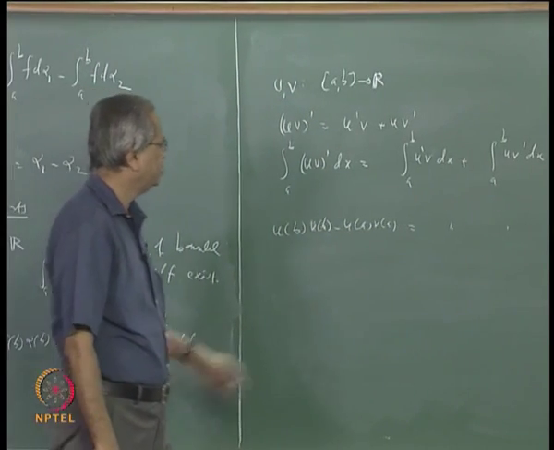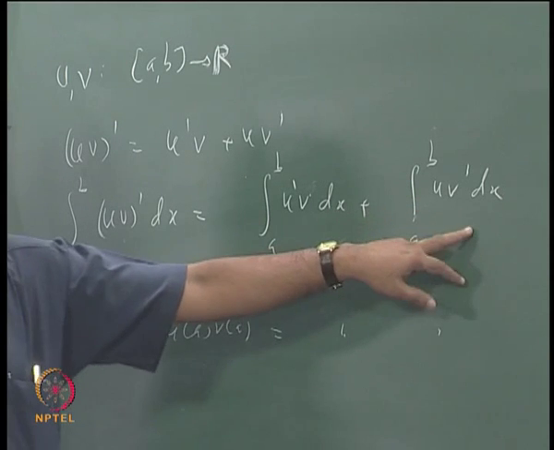And so now we can say that u prime v dx is the same as u v prime dx.